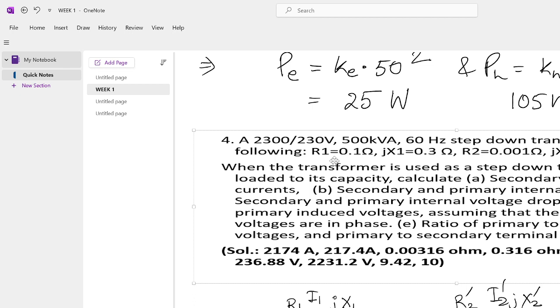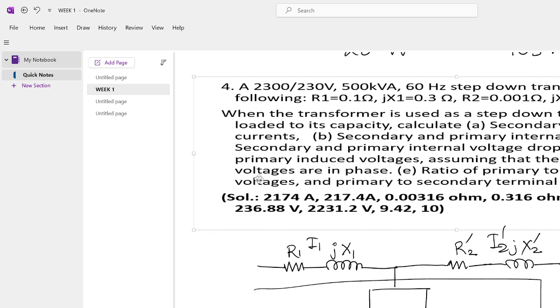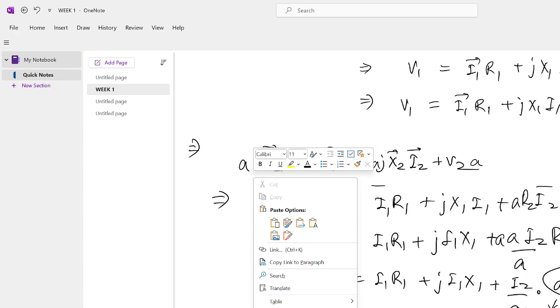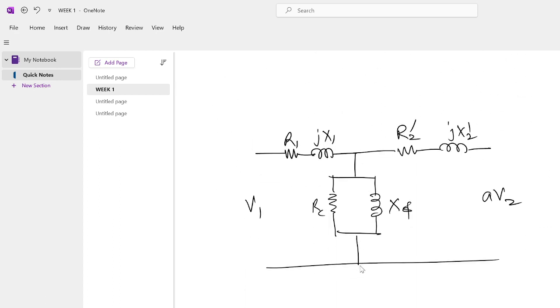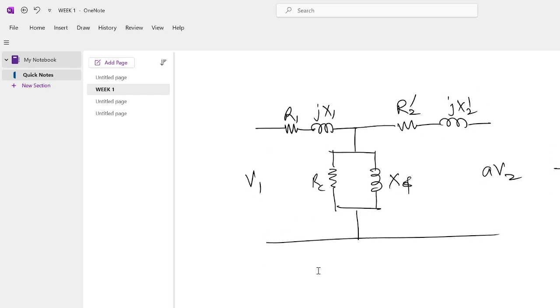When the transformer is used as a step down transformer and loaded to its capacity, it means that at output it will give 500 kVA at the rated secondary voltage.